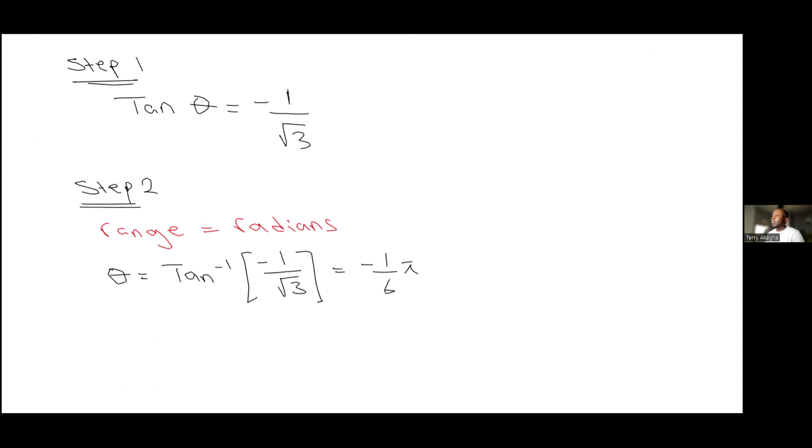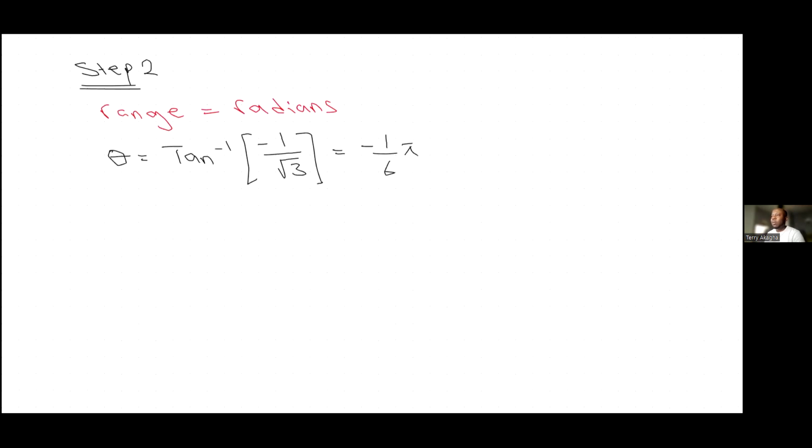So with this, we can say the theta, which is the same thing as the principal angle, or equal to the first angle, any terminology you prefer, will be equal to minus 1 over 6 pi.